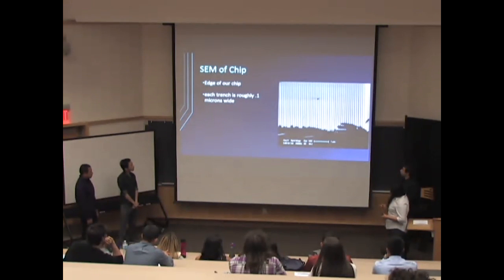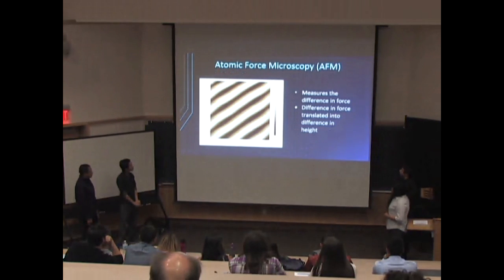And so after we create these etches within the chip, we have to make sure that the etches are of quality. So we use a scanning electron microscope to see the trenches.